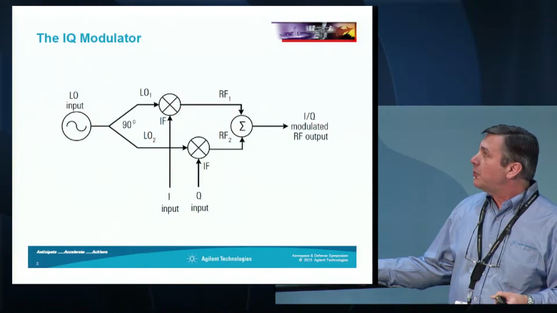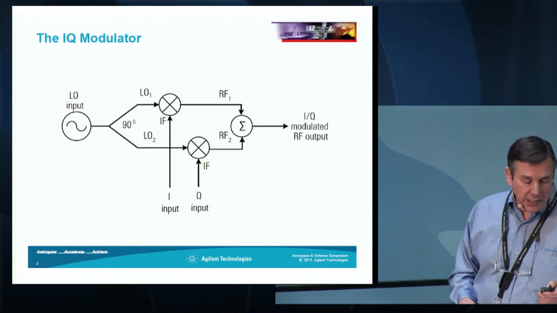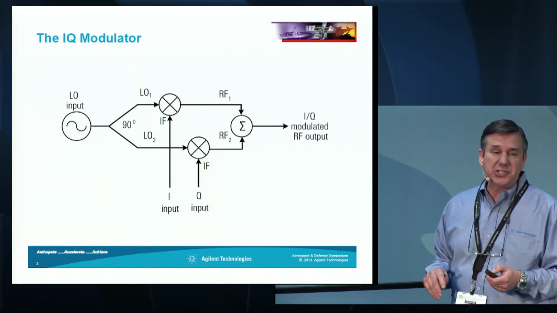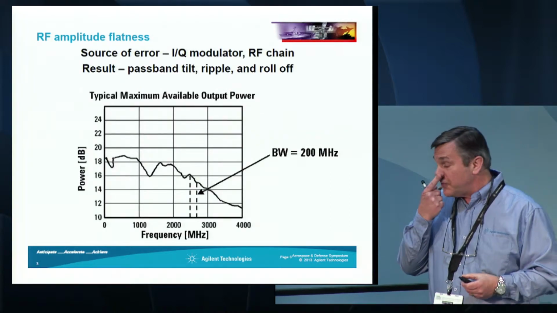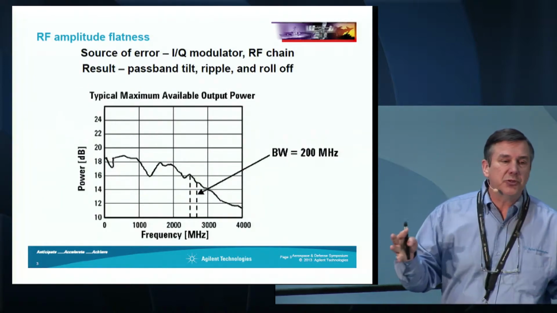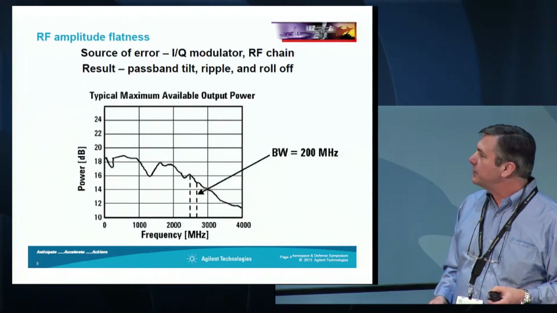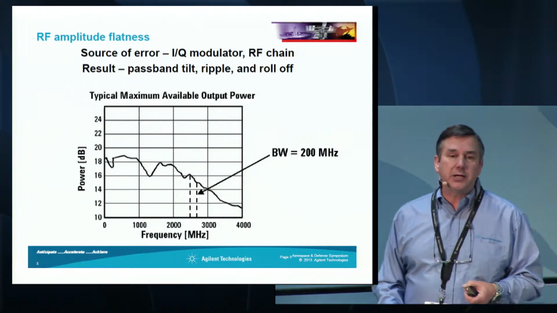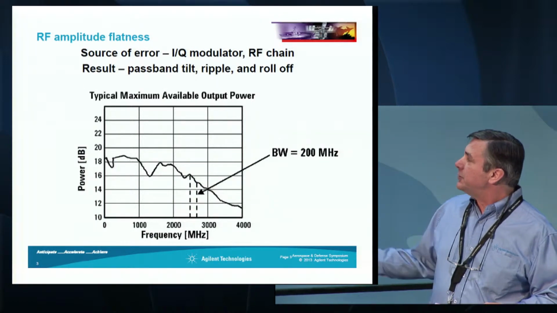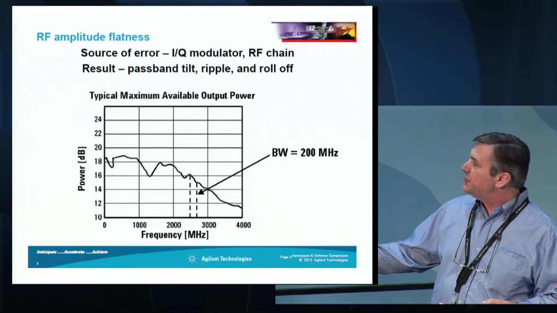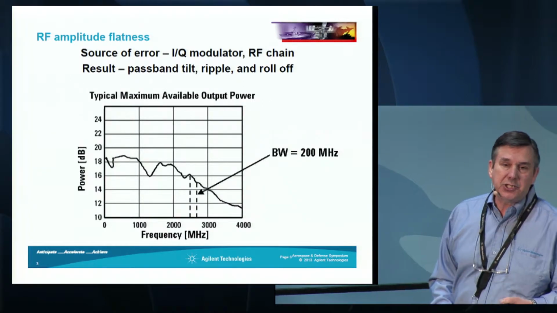But there's quite a bit that can go on within the IQ modulator that we need to really consider and optimize. The first thing, and probably most important: as signals become more and more wideband, the frequency response of the IQ modulator has some dramatic effects on our system performance. If we have an IQ modulator with a frequency response that looks something like this across a 4 gigahertz frequency span, even if we're looking at a 200 megahertz channel in here, you can see there's quite a bit of variation in just the magnitude.